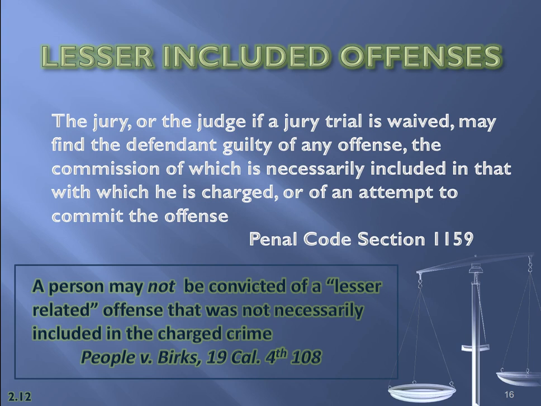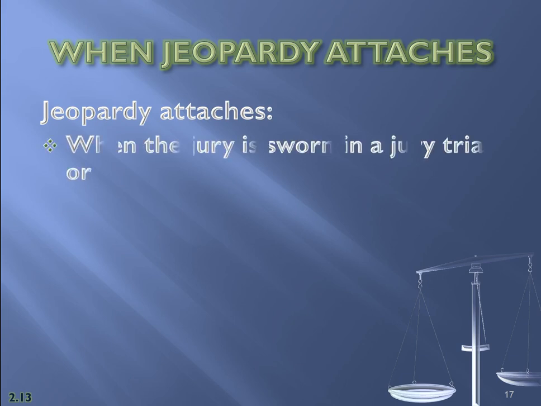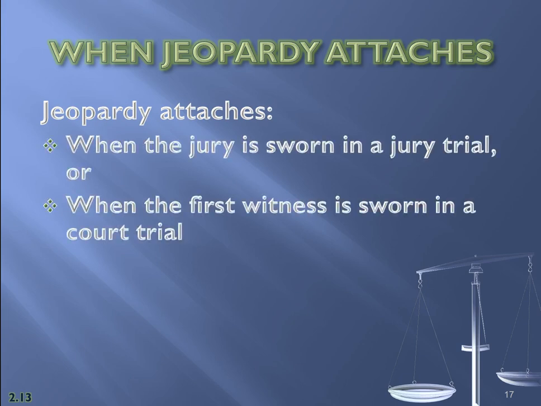Now, a person may not be convicted of a lesser related offense that was not necessarily included in the charged crime. That's People versus Burks. So I think that clears it up a little bit, and I'm hoping you get that.